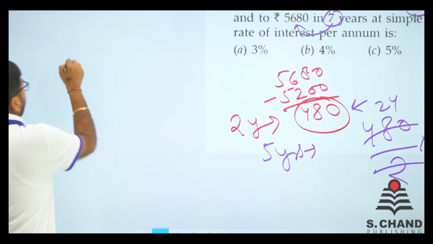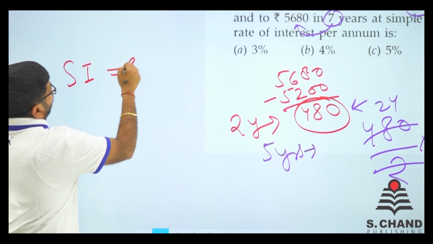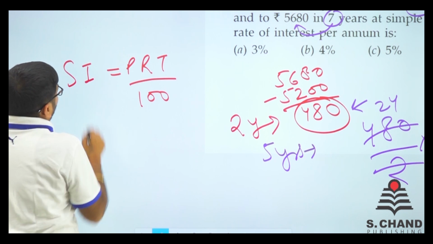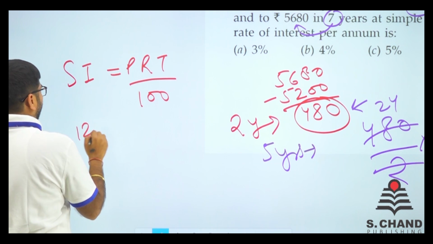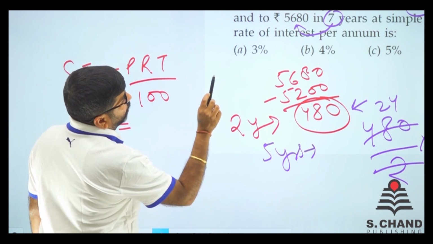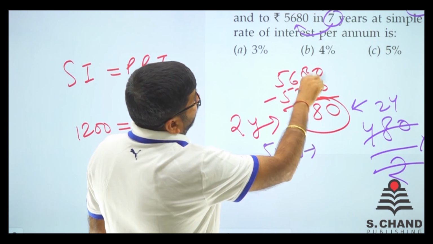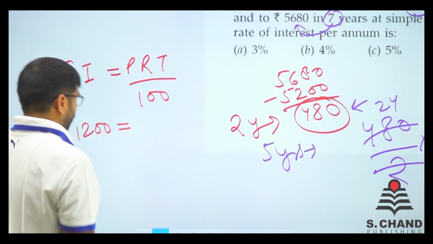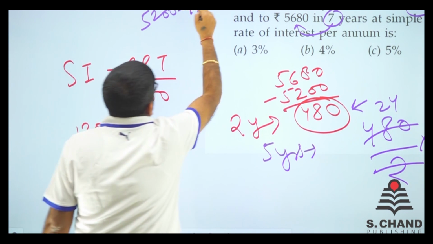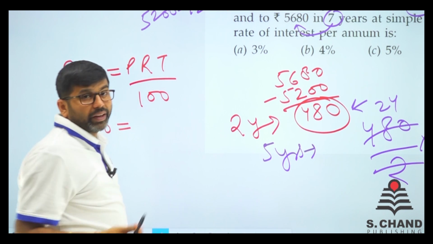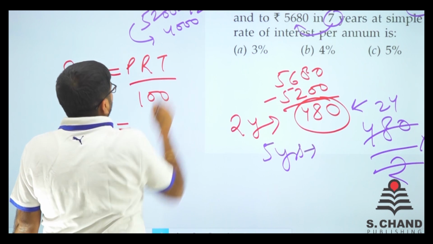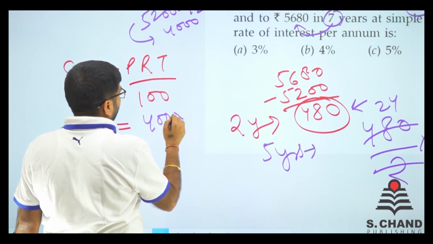So we have SI is equal to PRT by 100, right? SI is given, 1200. Principal amount is 5200 minus 1200, right? Because we have got 5200 as amount, minus 1200 which is the interest. So 5200 minus 1200 is 4000. So we'll write 4000 here.